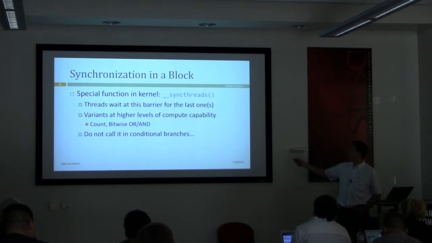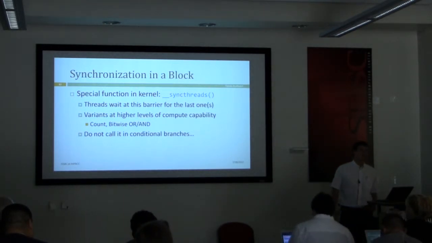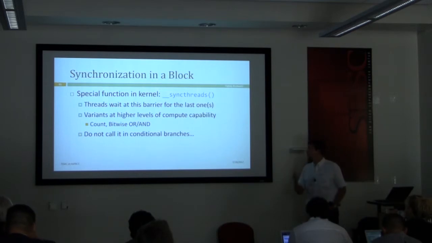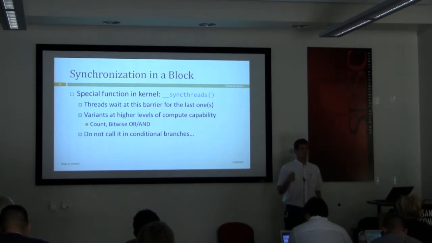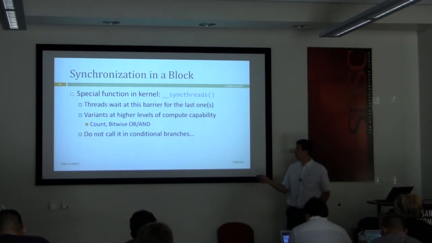All right. So how do the threads communicate in a block? This is kind of interesting. They can't fire up calls into each other or call each other's functions. It doesn't work like that. What you can do though is save partial results into shared memory.